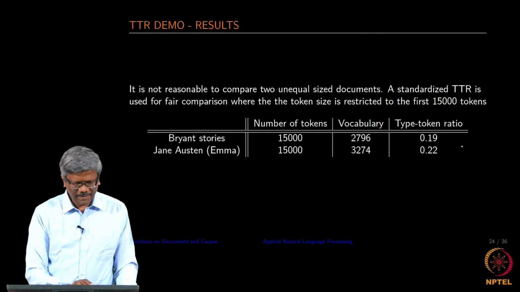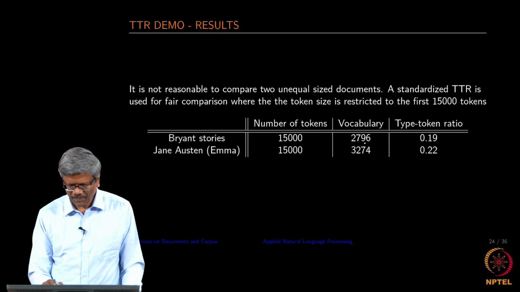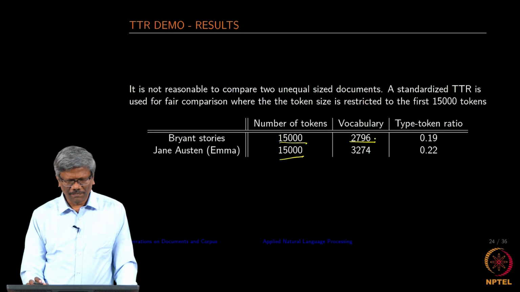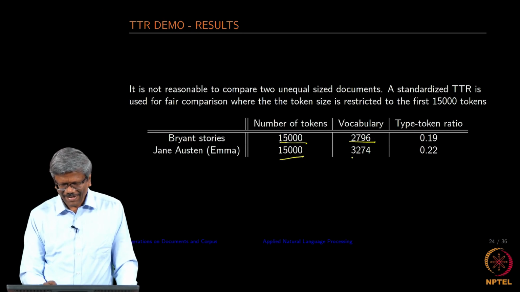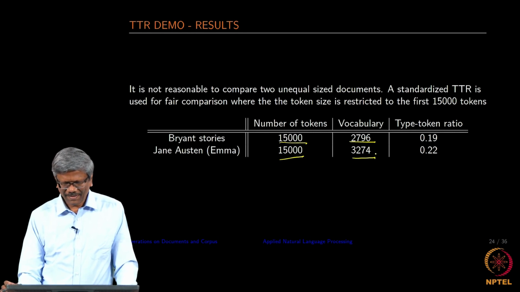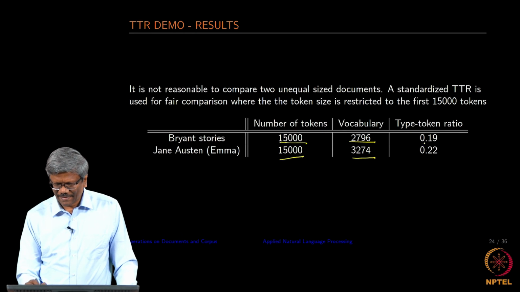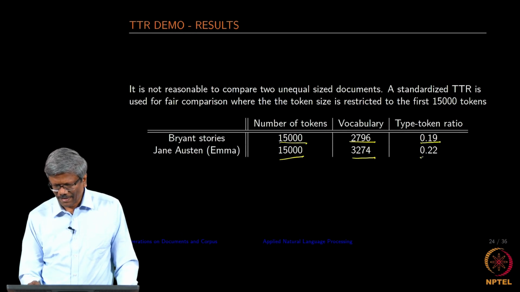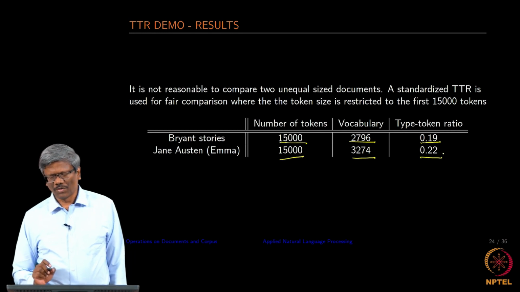If you look at the vocabulary, we have the vocabulary count of 2,796 and 3,274 for Jane. And if you look at the type token ratio for Bryant Stories, it is 0.19, and for Jane it is 0.22.